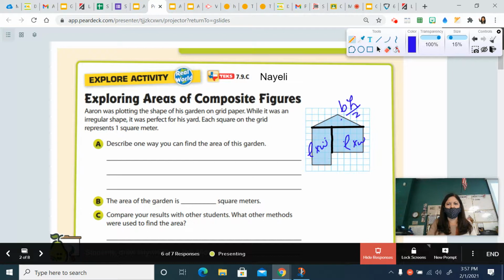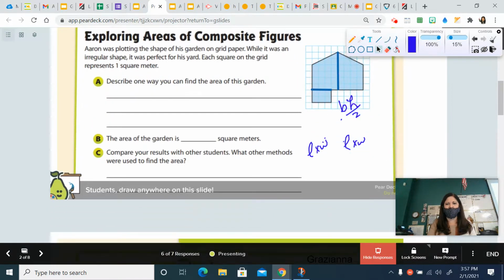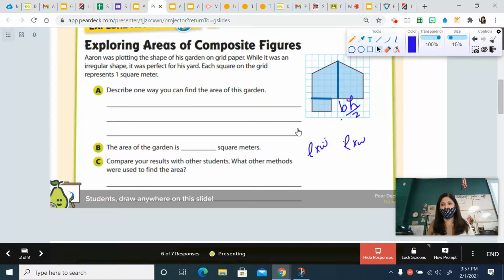Now, somebody else did, let's see what the rest of you. This one was a little bit different. So this one has length times width right here. That's easy. What about this? What is this shape right here? If we go from here to here, from here to here, what do we call this shape?